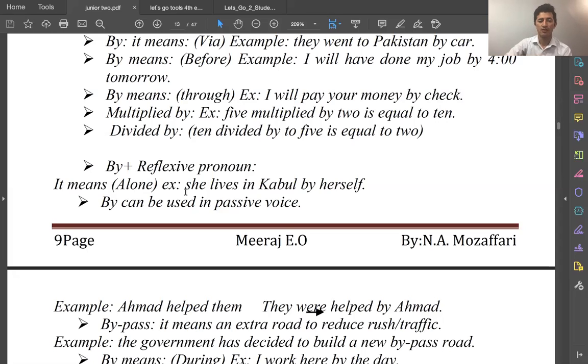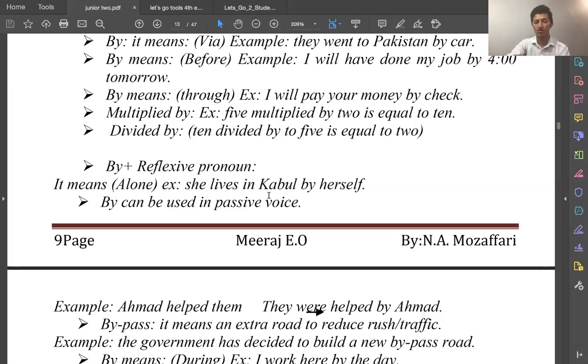Like she lives in Kabul by herself. It means she lives in Kabul alone with nobody else. Or you can say you have to do your homework by yourselves. It means nobody else should help you.